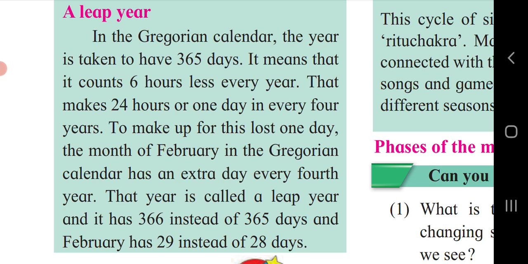It means we get 1 day after every 4 years. So after every 4 years, we have a leap year. In that year, there will be 366 days, and in the month of February, instead of 28 days, we will have 29 days. This is the reason why we have 28 days in a normal year and 29 days in a leap year.